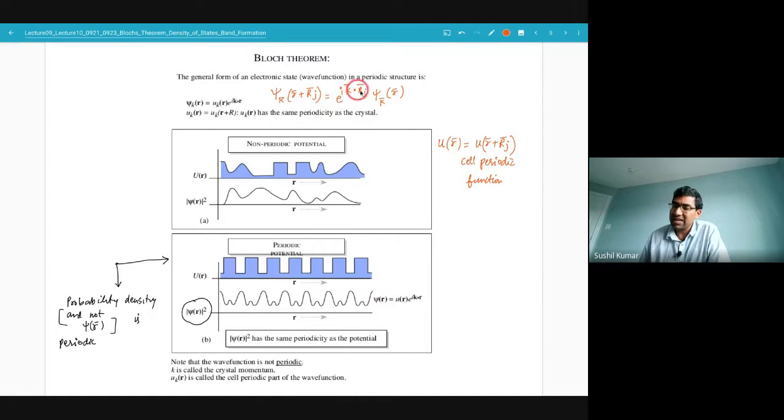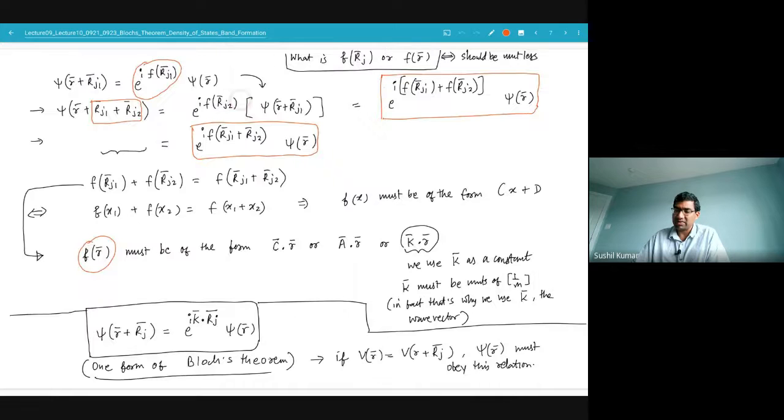The r that goes here in this form is one of the lattice vectors, any lattice vector. In the other form, this is the space position vector r. So they're quite different, and not to get confused, but these are two different forms of Bloch's theorem. You'll encounter them more as we go along.